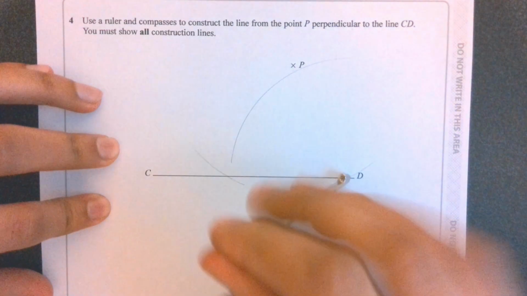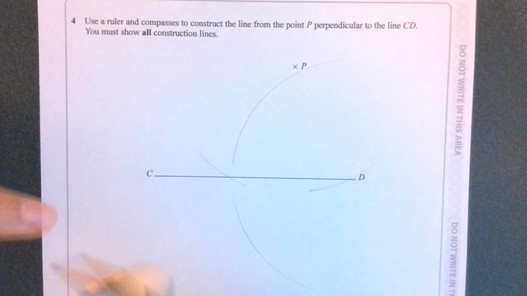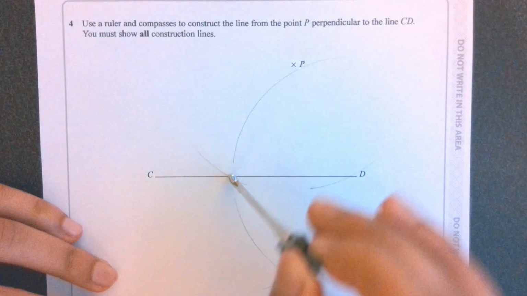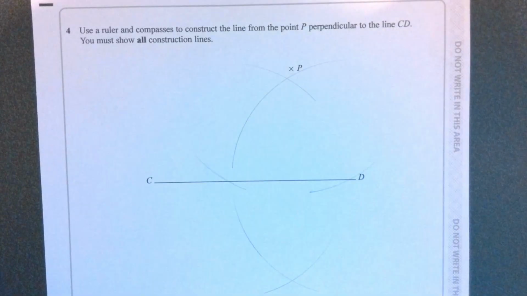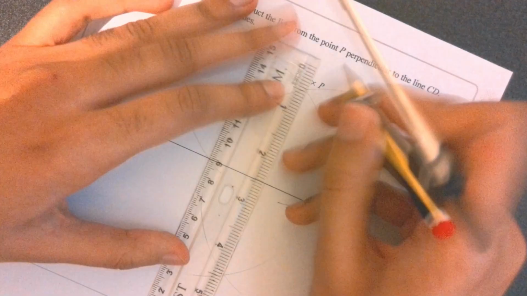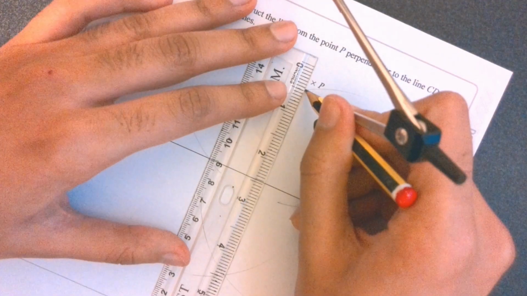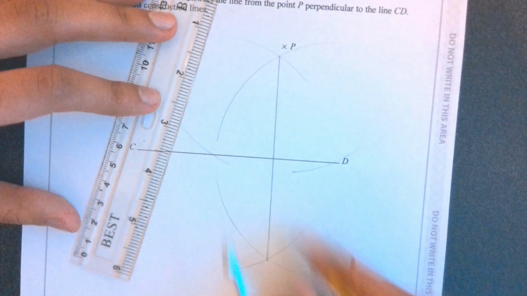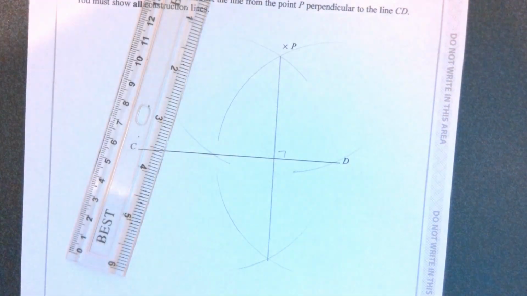Draw one on the other side, keeping the same length, put the pointy bit over here, and again intersect like so. And then all you have to do is join these up with a straight line. I might have messed up a bit, but that's the idea. We have a perpendicular bisector as shown here.